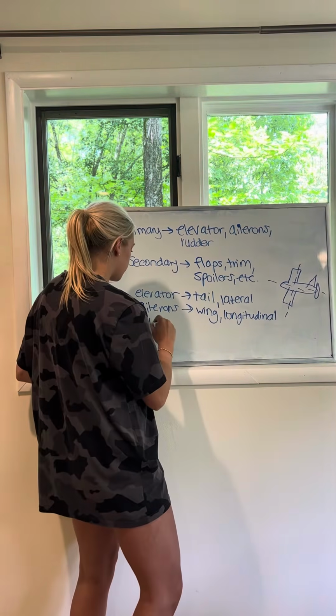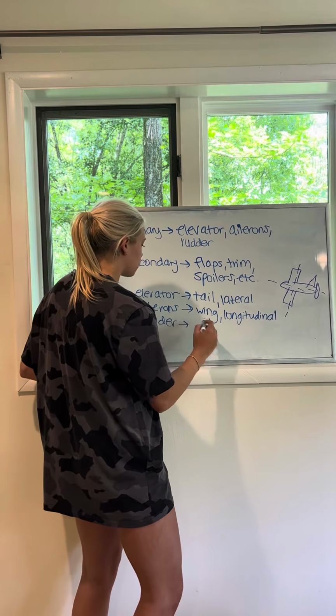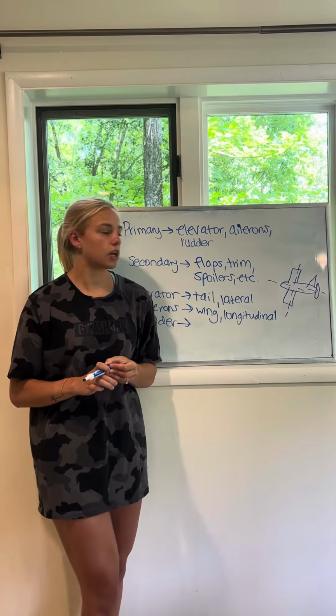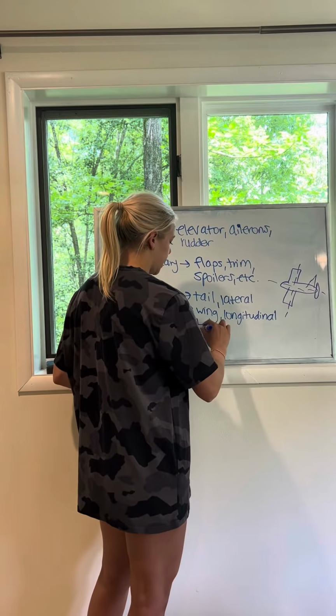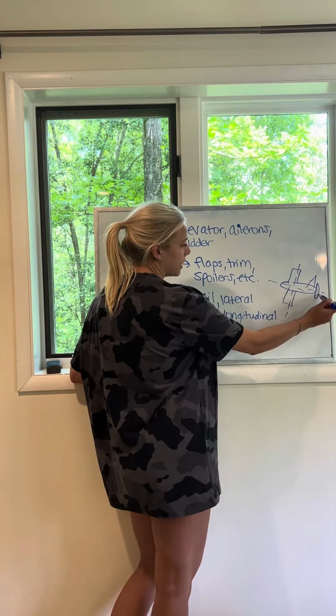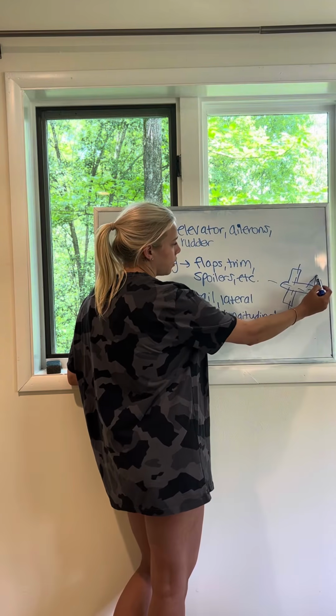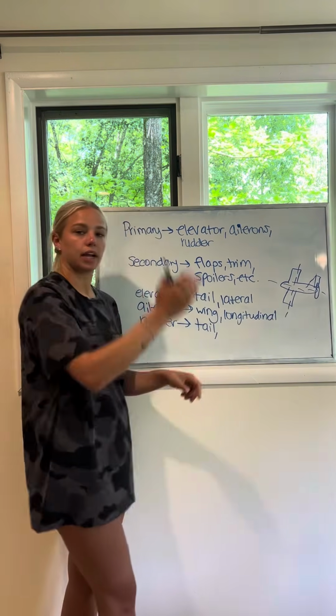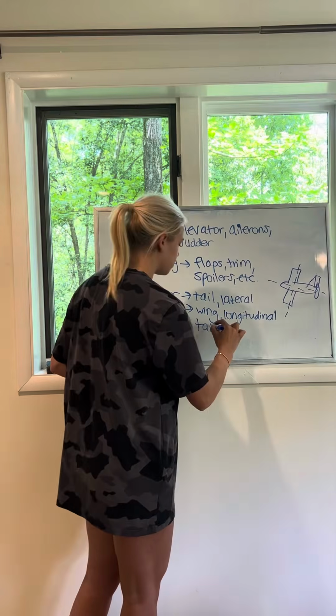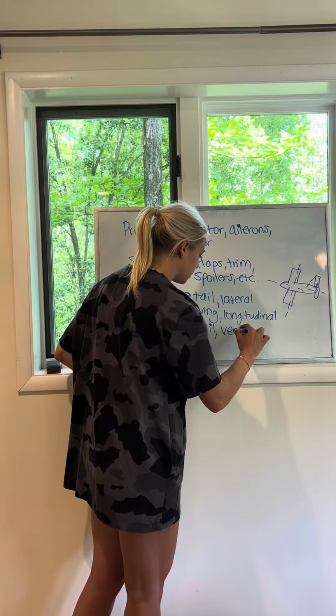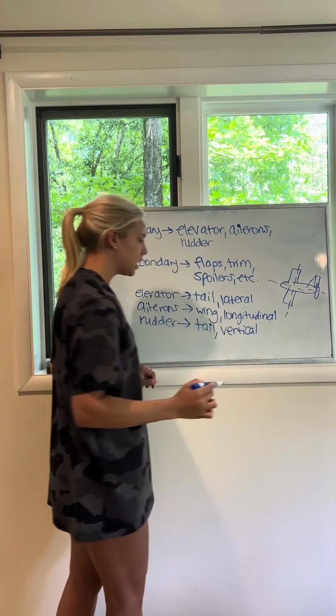And then we have rudder, which is also on the tail. The elevator is kind of down here at the bottom, and then on this part of our plane that sticks up, the rudder is right here on the back side, and it goes side to side. And it moves us about the vertical axis.